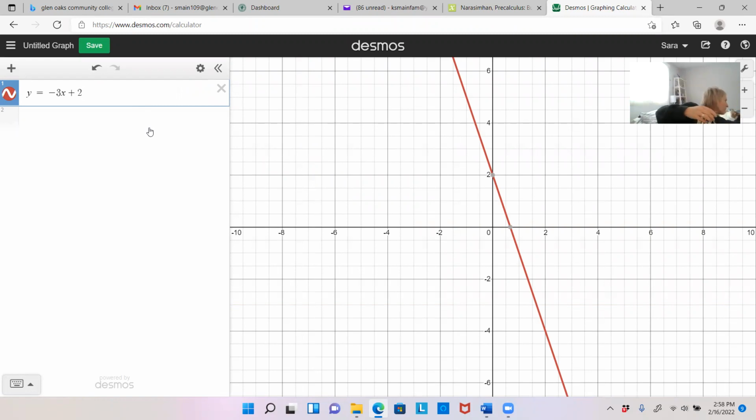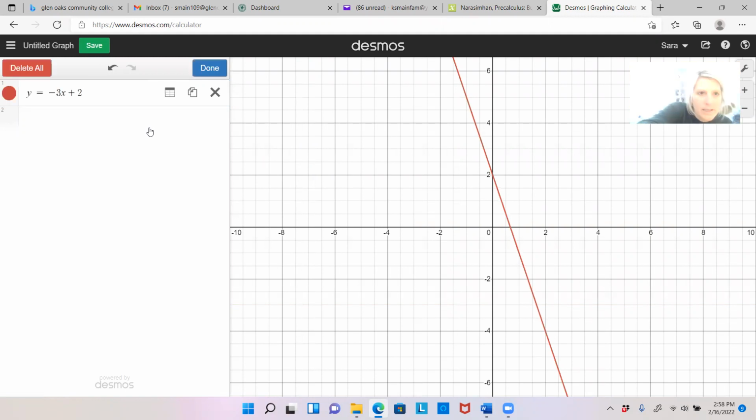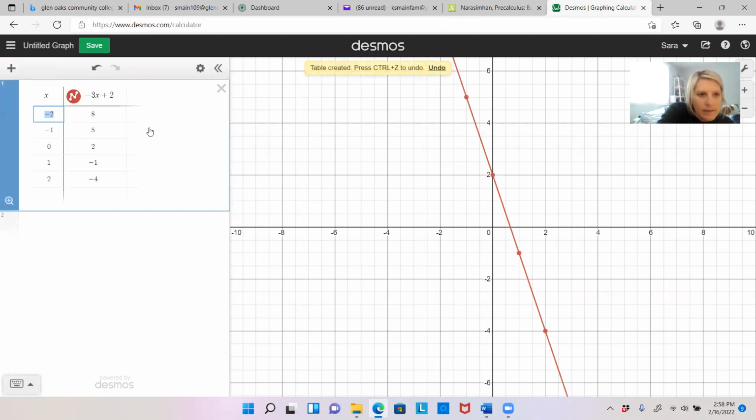Okay. So we're going to actually find an inverse in the next couple of pieces. So we can see that it does vertically do that. We can also go to our gear and make the table and see that negative 2 goes to 8 and negative 2 will not go to any other number.